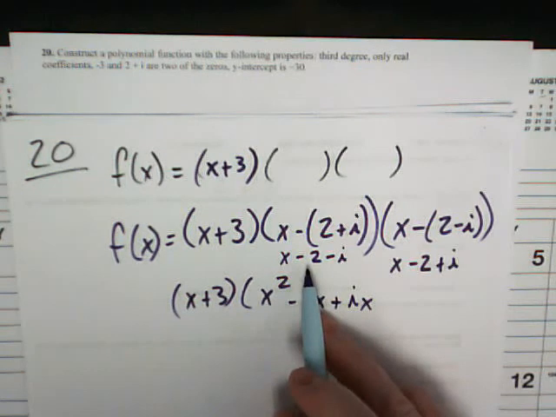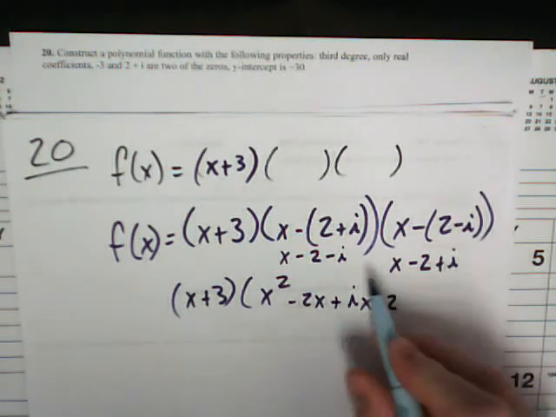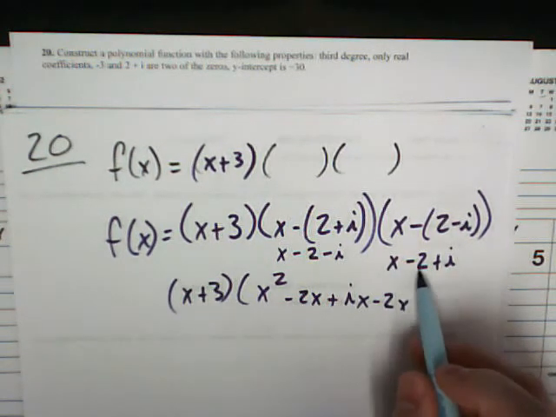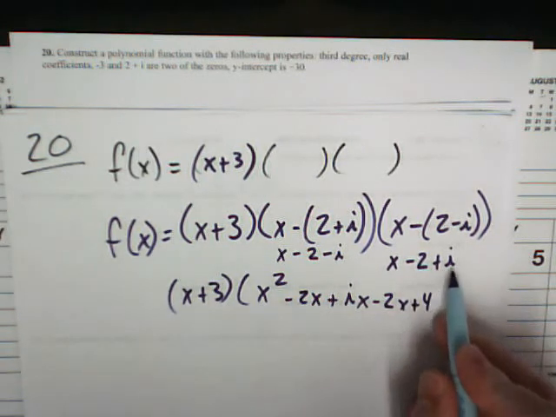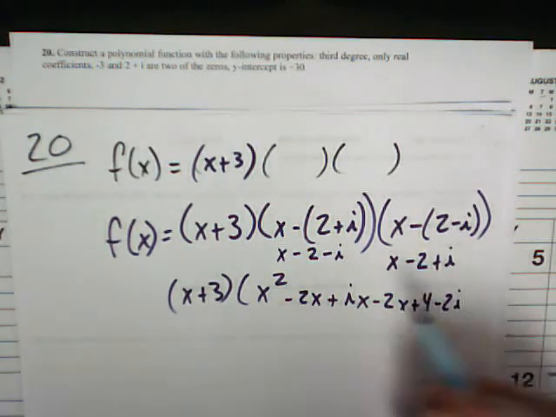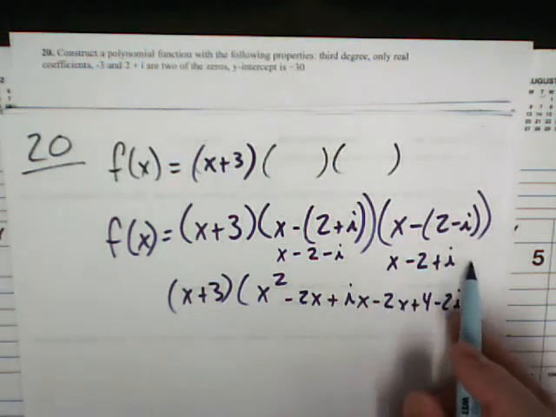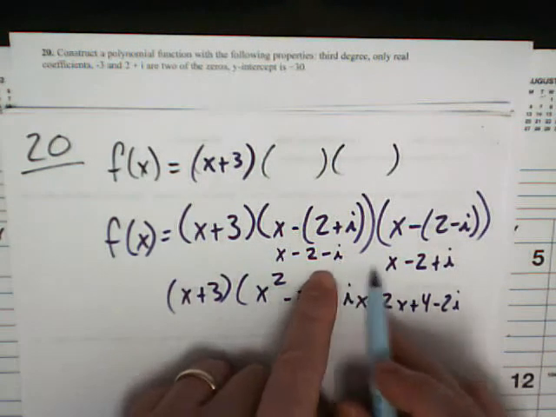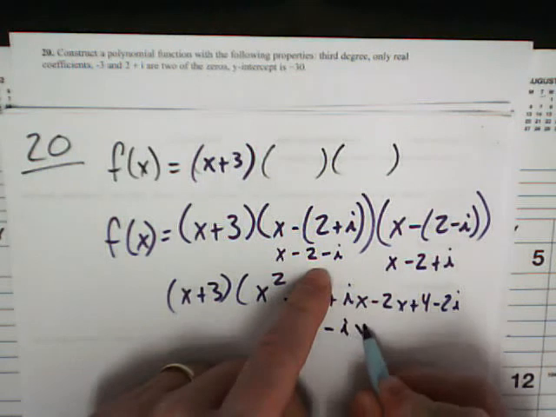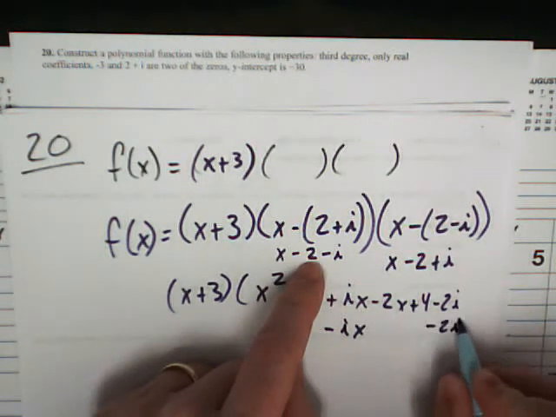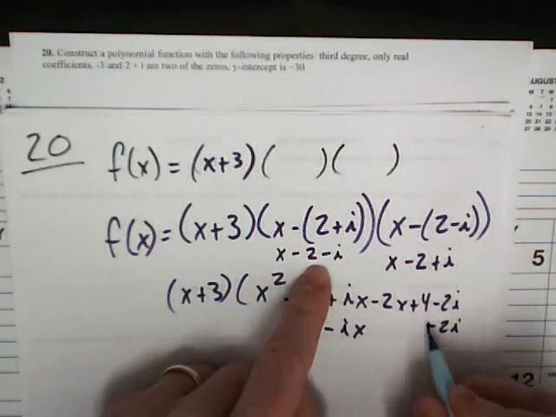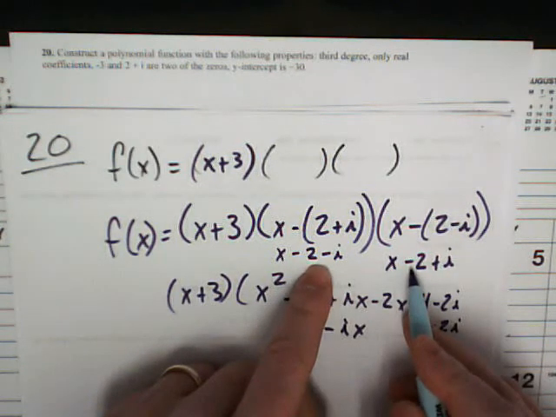Now multiply through by negative 2. Negative 2x. Negative 2 times this guy is a positive 4. Negative 2 times this guy is a negative 2i. Now i times everything. Negative i times x is a negative ix. This would be a negative 2i. Wait, a positive 2i, because a negative times a negative is positive.